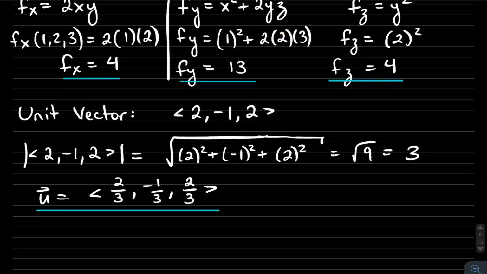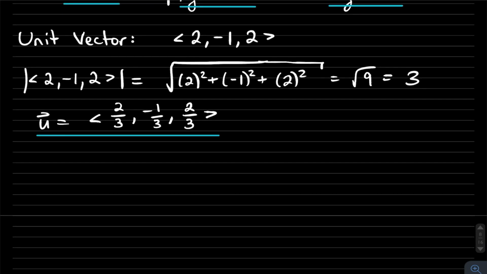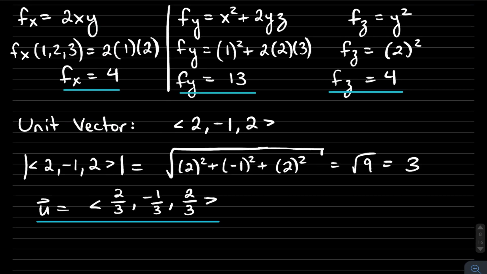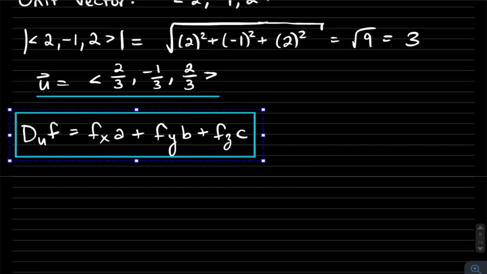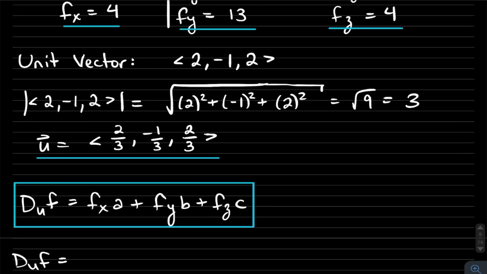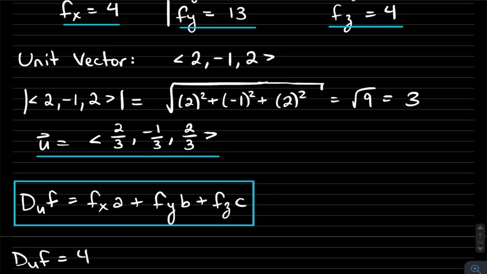Now, we're going to use our formula that we just came up with up here. We'll plug into this, and that'll be it. So our directional derivative of f is going to be, well, the partial derivative with respect to x is 4, and a is 2/3, our partial derivative with respect to y is 13, and our b is negative 1/3.